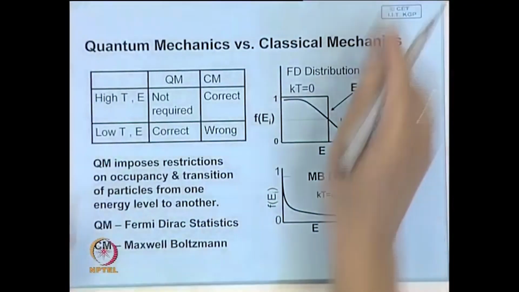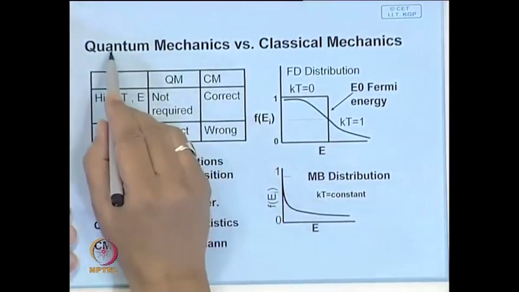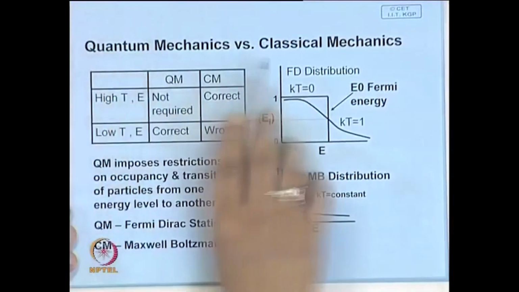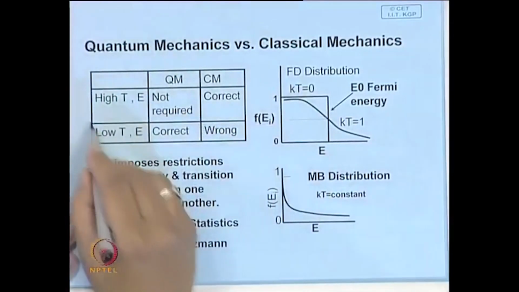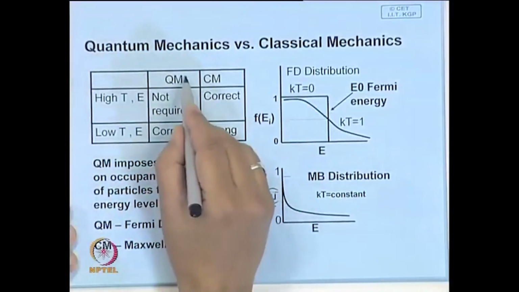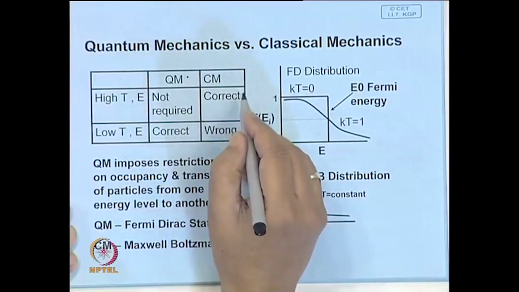And we talked about that to explain this, one has to refer to quantum mechanics. Here is a short table which tells you when to apply quantum mechanics and when classical mechanics.